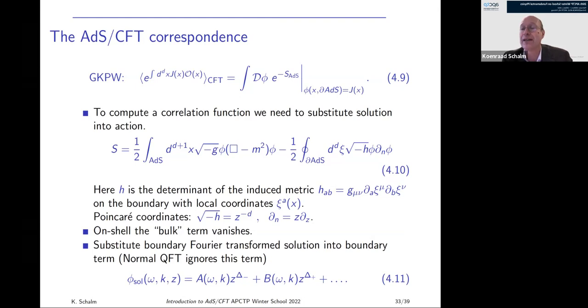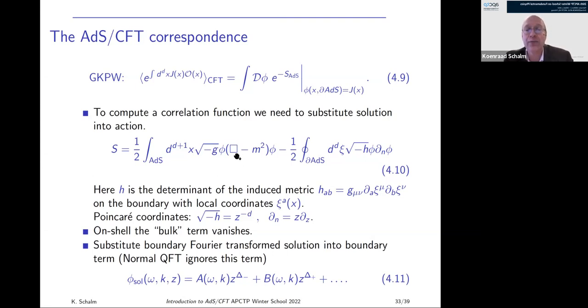AdS/CFT is different in that part, in that the boundary term is very important. We already saw that by the fact that the boundary value of A generically diverges. So it does not obey the statement that it dies off at infinity. And the second reason why it contributes, and that's probably even more intuitive and easier to understand, is the fact that we're going to evaluate the action on shell.